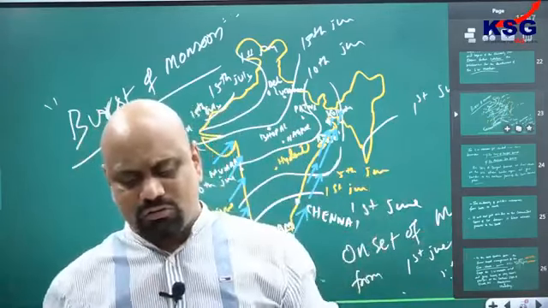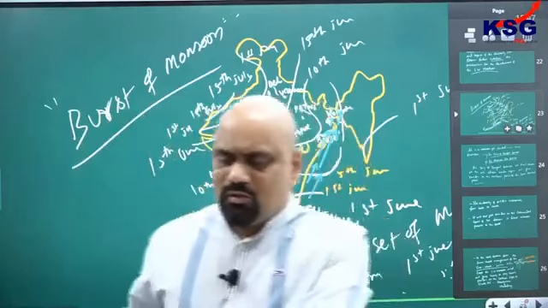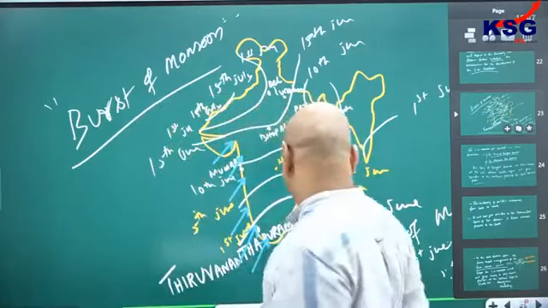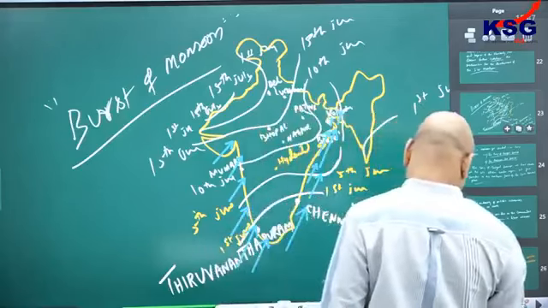Because of the orientation of the Himalaya, it strikes over these regions and goes towards north. So you can note down here, from West Bengal to Haryana, Punjab, Rajasthan, all these regions, it blows.